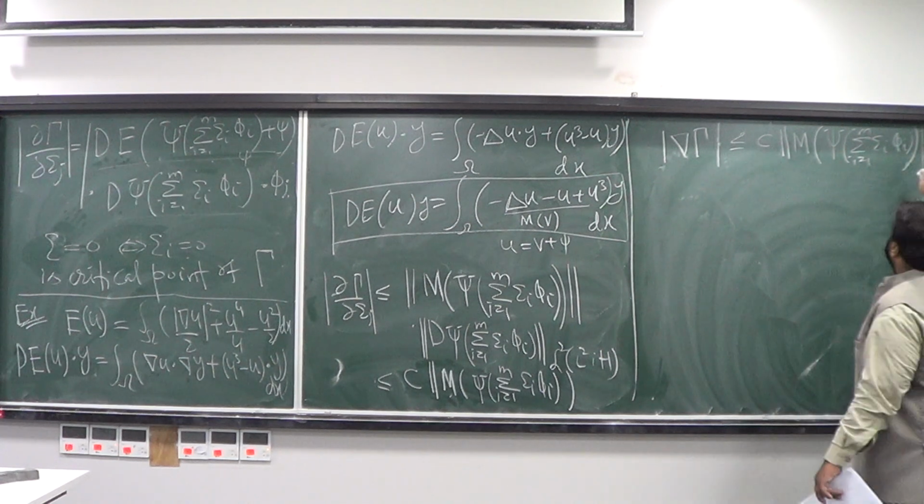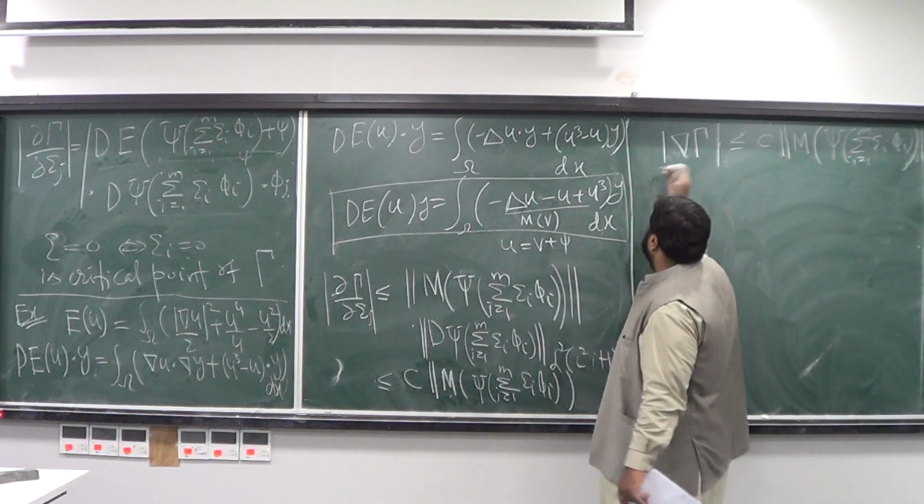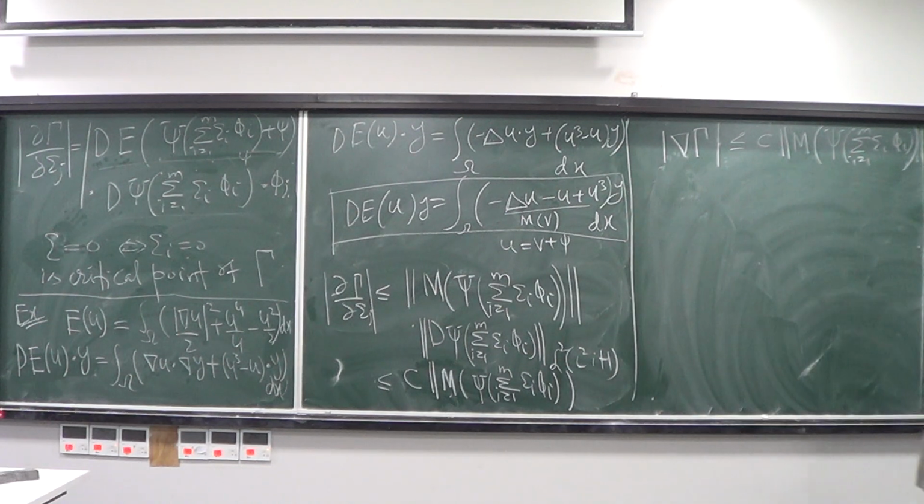So if each component of it can be estimated, then the gradient of gamma can also be estimated.